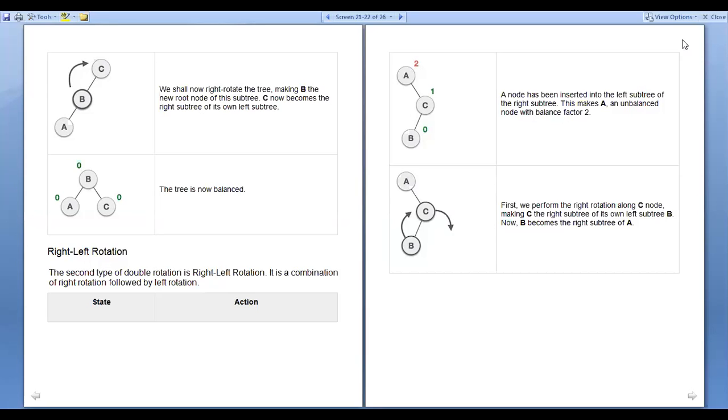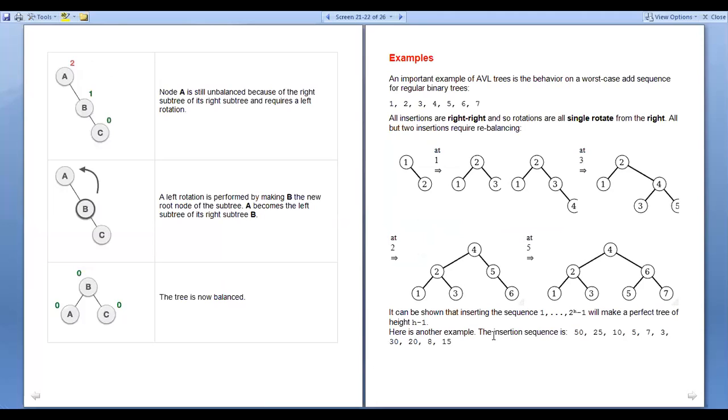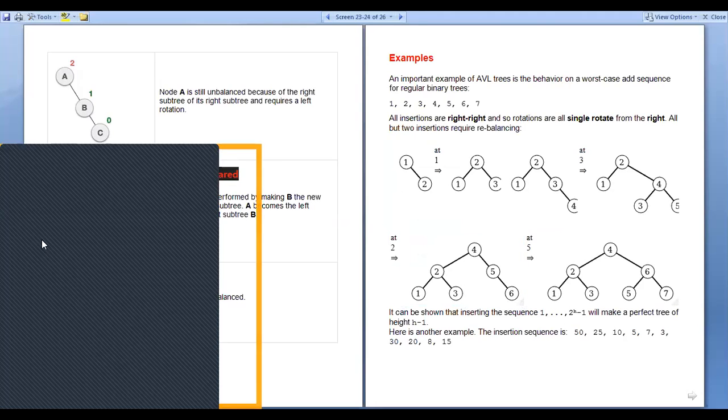Okay. Thank you. So now we will see one example. That is a big example. The same example in our book we will take. Now we try to construct an AVL tree with numbers.